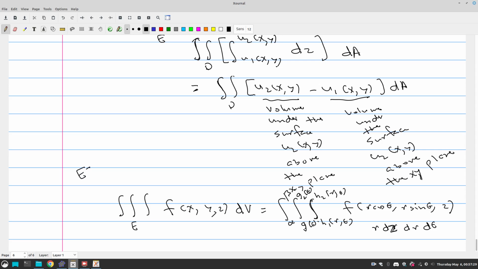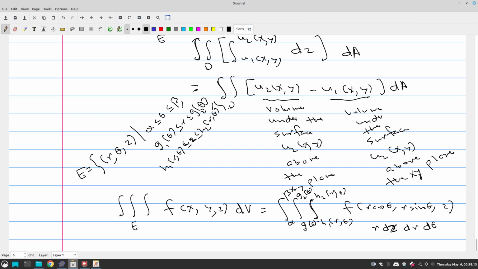So this is the region in cylindrical coordinates. In cylindrical coordinates, you could describe this as (r, theta, z). Your theta is between alpha and beta, which are constants. r is between g1 of theta and g2 of theta, and z is between h1 of r and theta and h2 of r and theta.